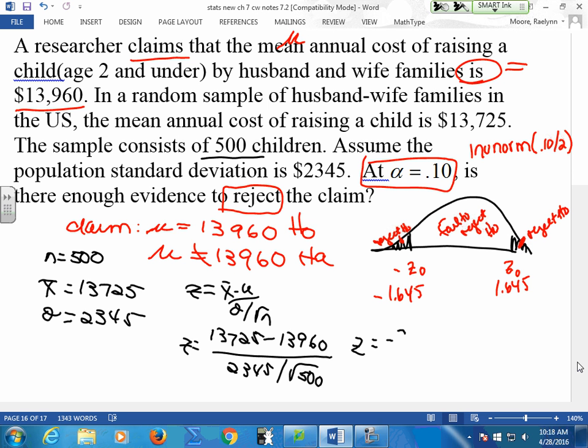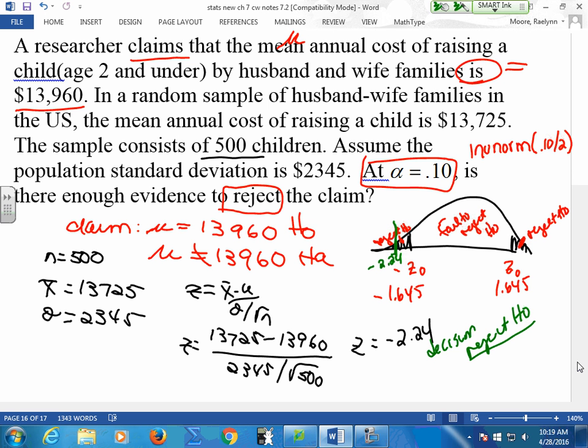Good. Negative 2.24. And we just have to see where this falls. So negative 2.24 falls to the left of this guy, somewhere in here. So what is our decision? Reject H0. It's right there on our chart for us. Reject H0. So we go to our chart up there.